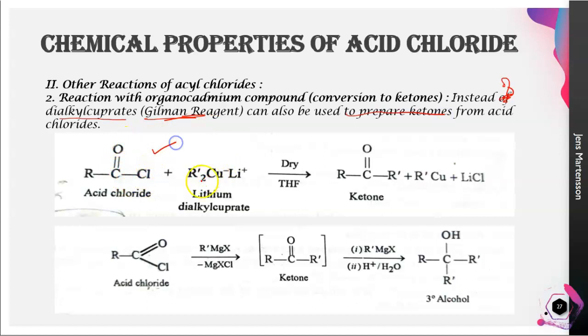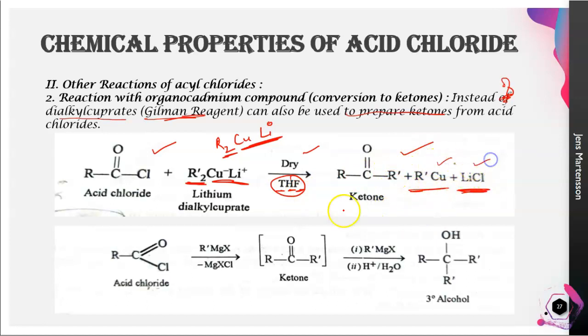Here is the acid chloride and the dialkyl cuprate, in the presence of dry tetrahydrofuran, THF. You will see the formation of ketone, and RCu and LiCl are released as side products.